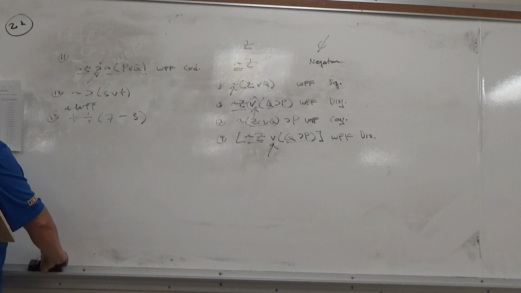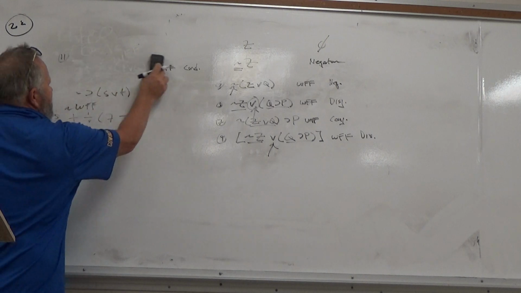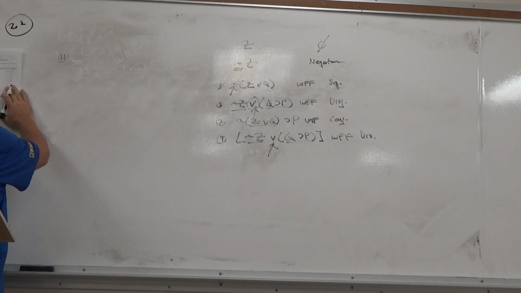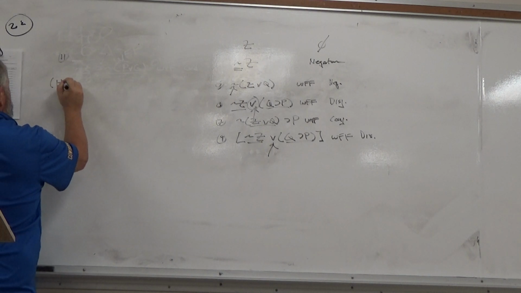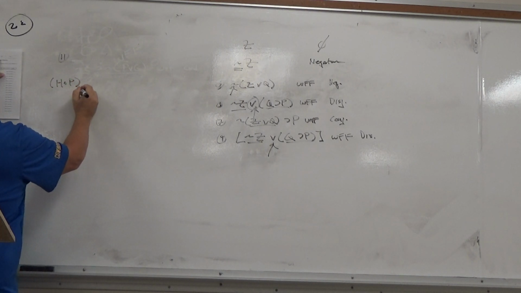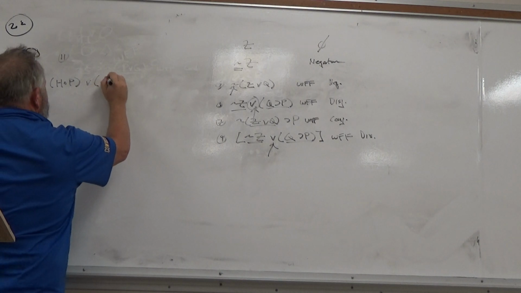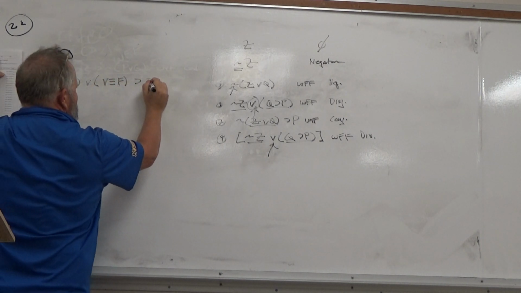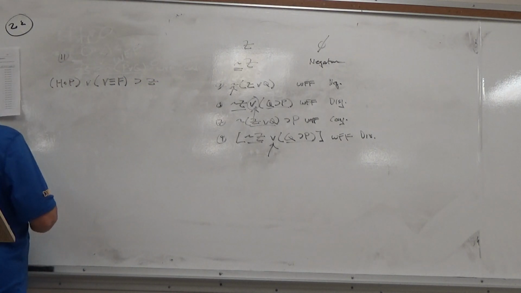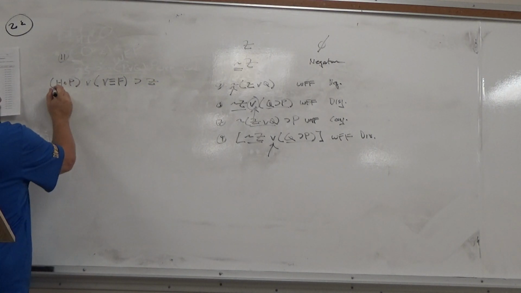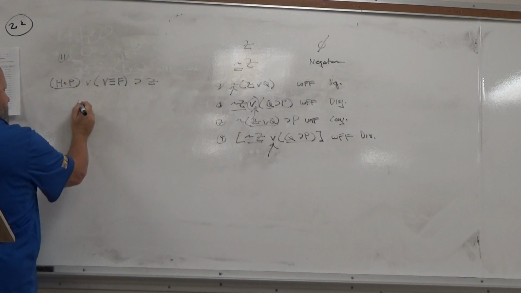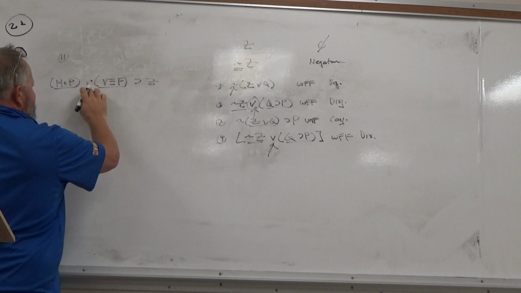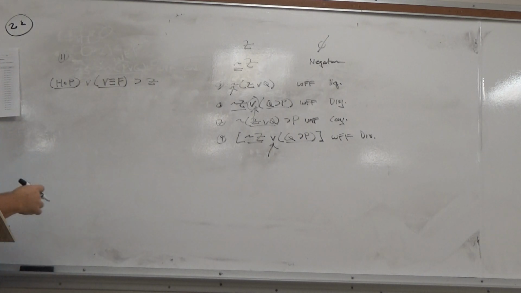So now I'm on to 13, and this one is a little bit tricky, okay? So 13, we have H and P, or V if and only if F, then Z, okay? So if I were calculating this, I would work from inside the brackets out, so I'd have to do this operation, I'd have to do that operation, and then I have this operator and that operator left over.